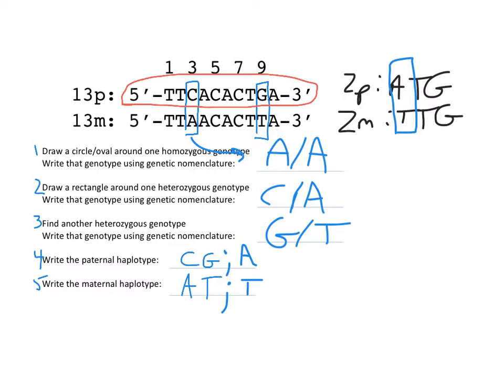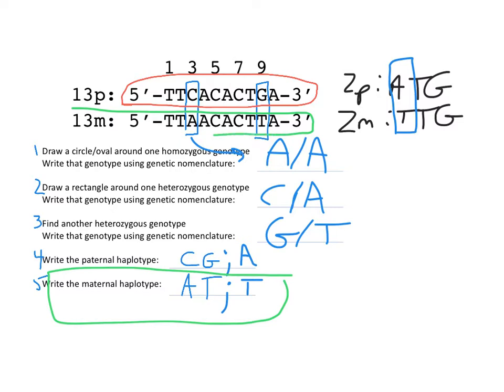Any other questions? Yeah. Sorry, I'm just confused about the A and the T with the semicolon. Like, where did the A and T come from again? Okay, thank you for asking. So this last bit, the maternal haplotype, the A and the T are on the same chromosome 13 from mom, so they're written just next to each other with no punctuation because there's no difference in which chromosome they're on. So that A and T are that chromosome 13 haplotype.